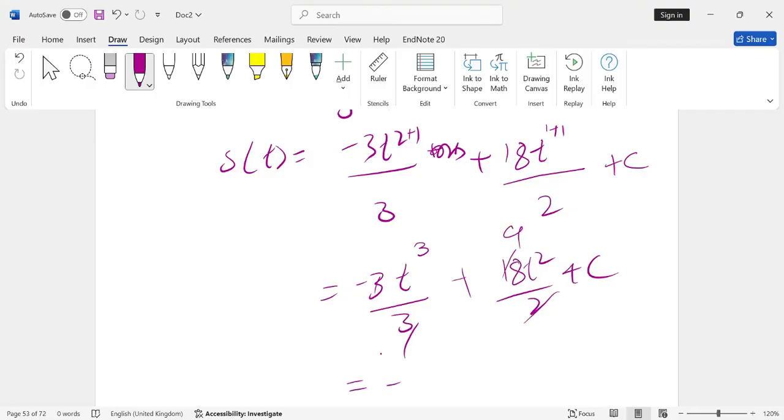So we have minus t cubed plus 9t squared plus c.